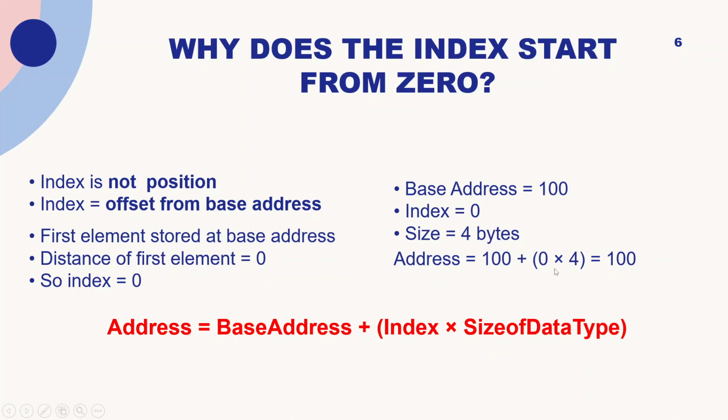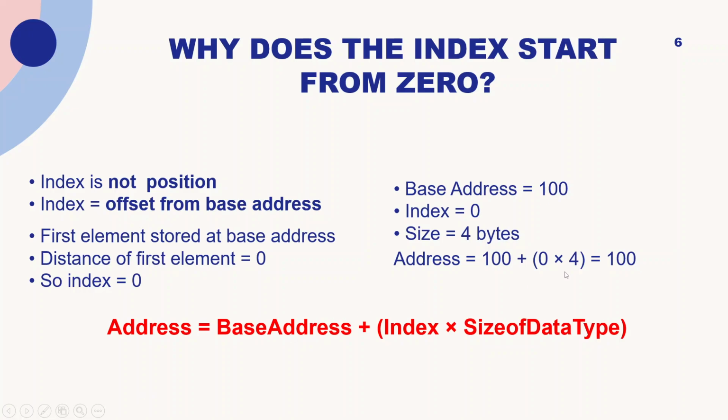Therefore, 100 plus 0 times 4 equals 100. Therefore, the address is 100. This directly gives the correct address for index 0 in the formula.